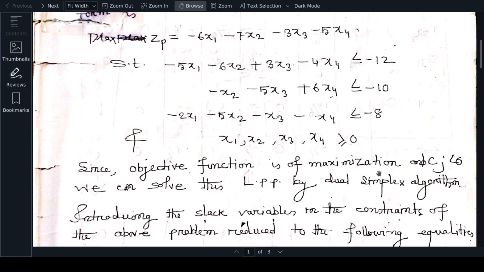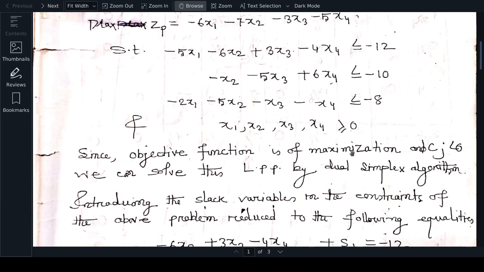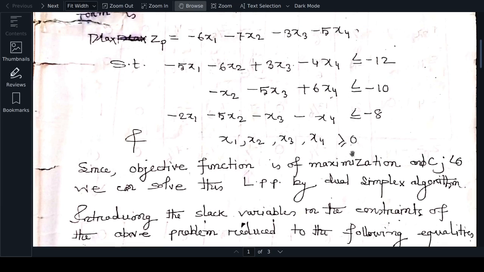So next, which variable do we use for making equality for the first, second and third constraints?